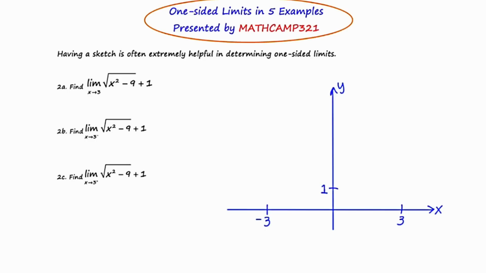Okay, in our second example, we've got a very similar function to the example in question number 1, except the thing under the radical, the radicand, is written in reverse. So if you remember on the other screen, it was 4 minus x squared, but now it is x squared minus 9. So it's not going to be a semicircle. It's what I call the IDK function.